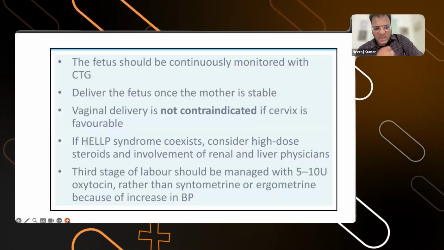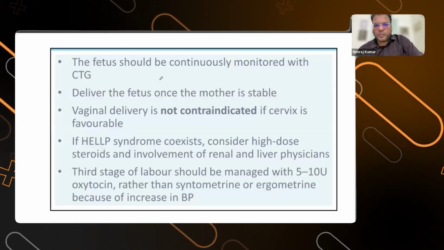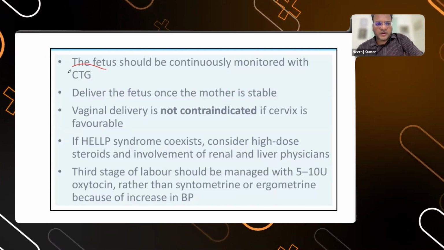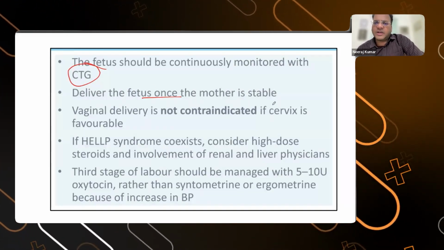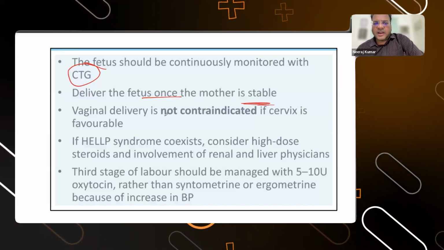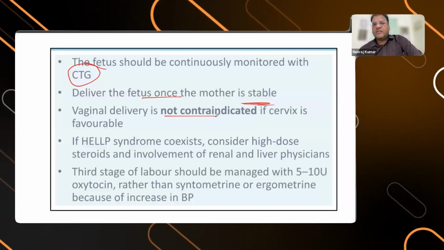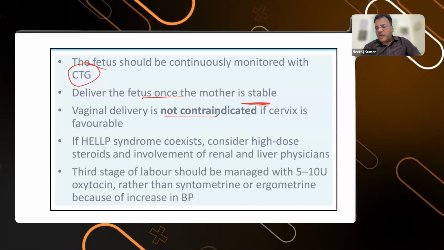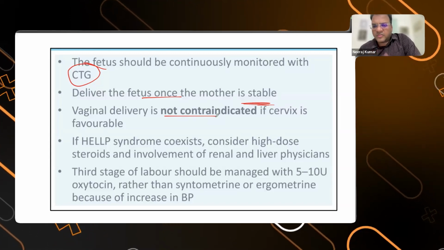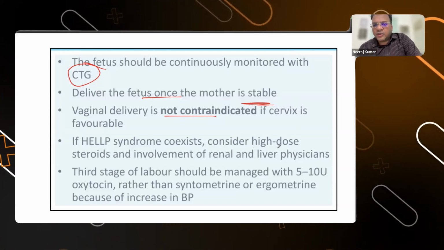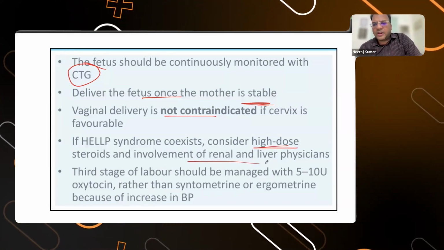Now, how are you monitoring this patient? The fetus should be continuously monitored with cardiotocography, and you deliver the fetus once the mother is stable first. Vaginal delivery is not contraindicated at all if the cervix is very favorable and you are getting adequate dilatation. If HELLP syndrome is coexisting, you can consider high dose of steroids with involvement of renal or liver problems.